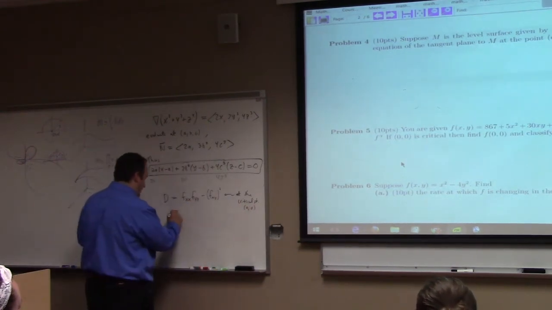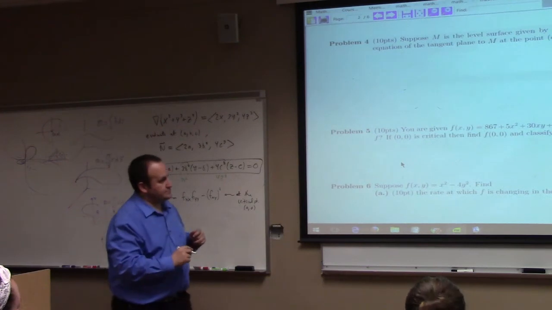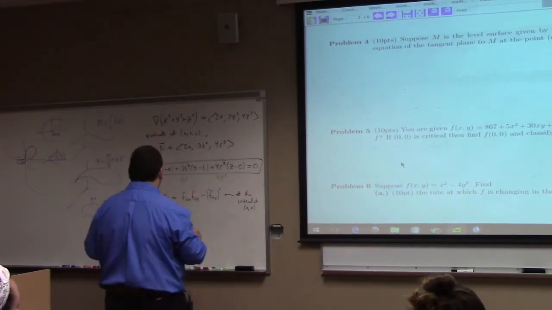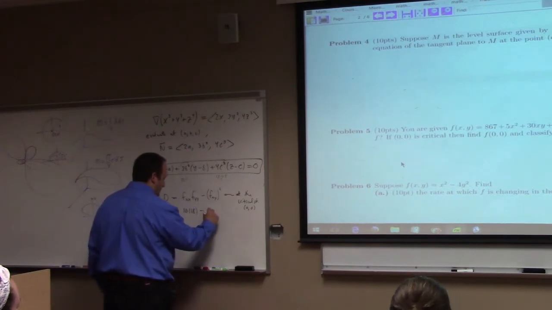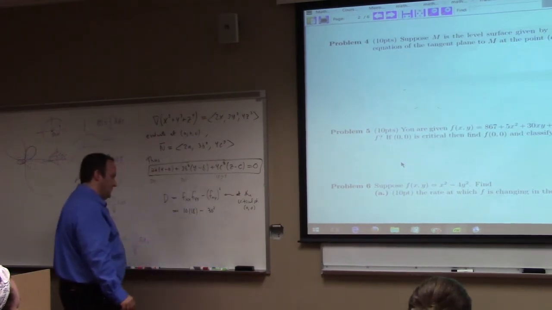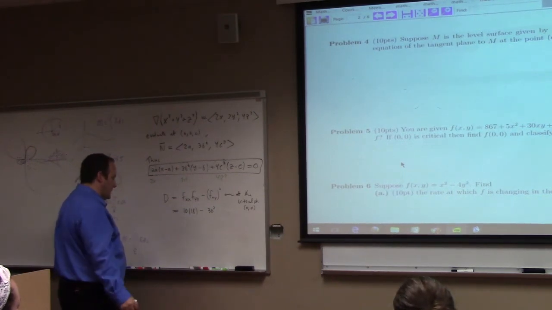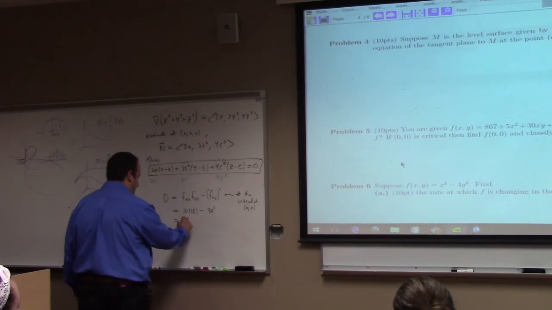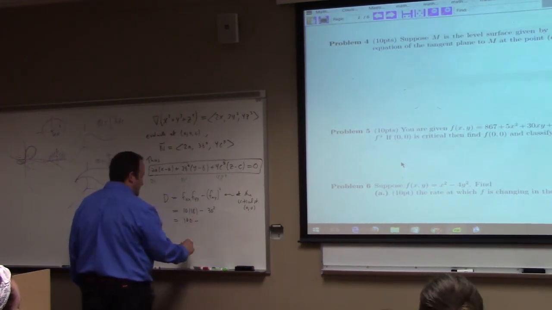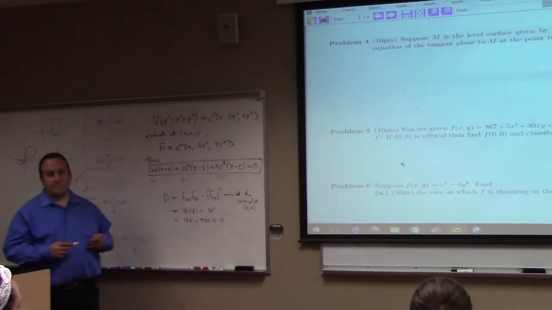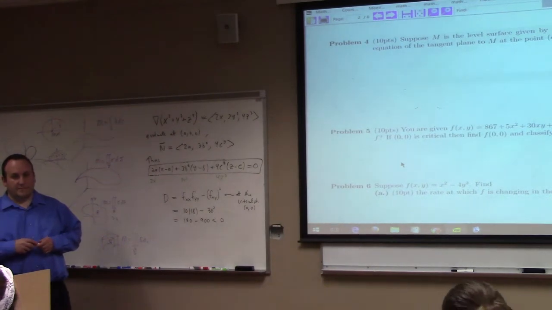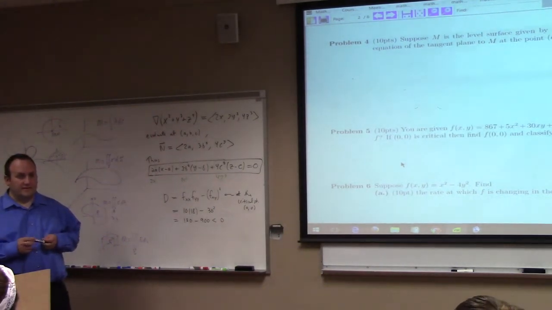So it's 10 times 18 minus 30 squared. That's 180 minus 900, which is less than 0. It's a saddle point, because we learned if the big D was less than 0, it's a saddle point.